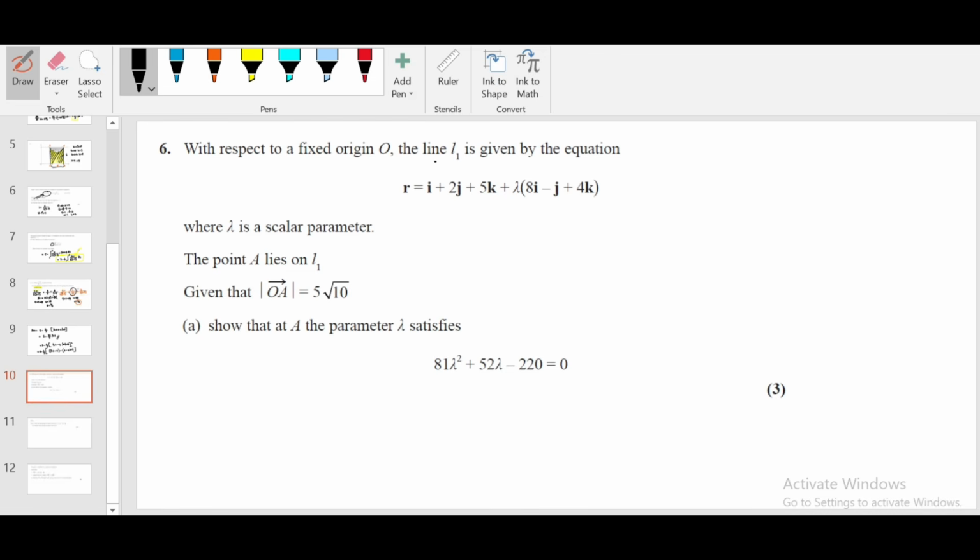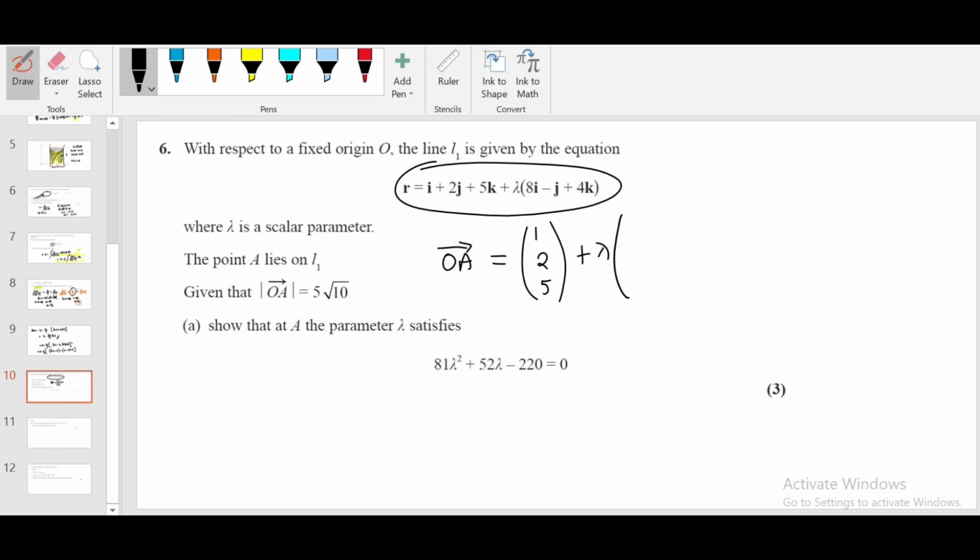From this equation you can straight away write the OA vector in this form: (1, 2, 5) plus lambda times (8, minus 1, 4). In fact you can combine them: (1 plus 8 lambda, 2 minus lambda, 5 plus 4 lambda). That's the position vector of A.